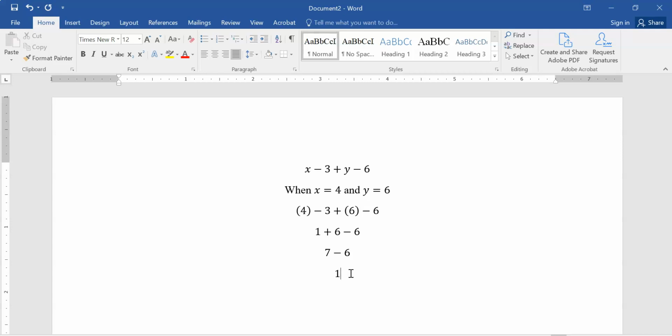So if you put in 4 minus 3 plus 6 minus 6 into your calculator, it is going to understand how to do order of operations and actually come out with 1. So if you want to, you can plug that all into one line on your calculator, and it should give you a 1.